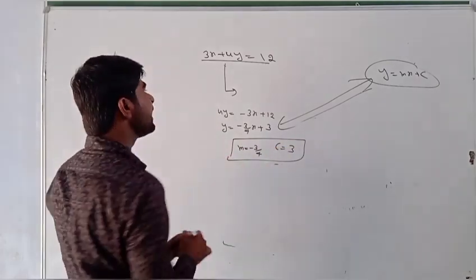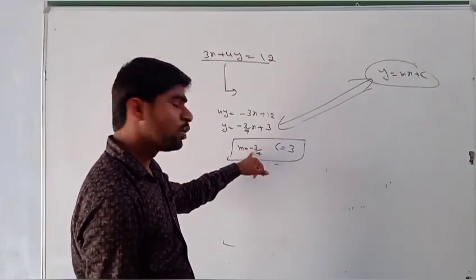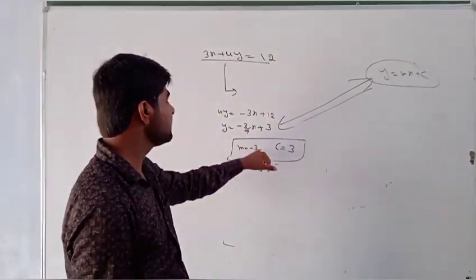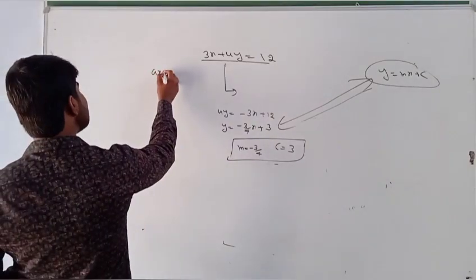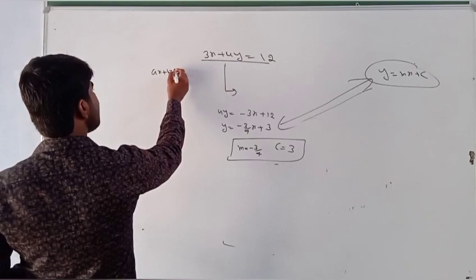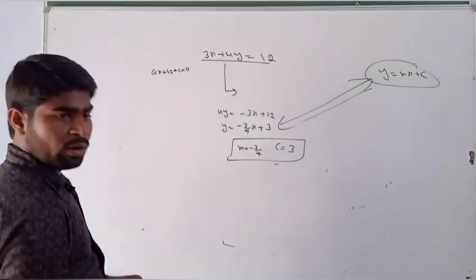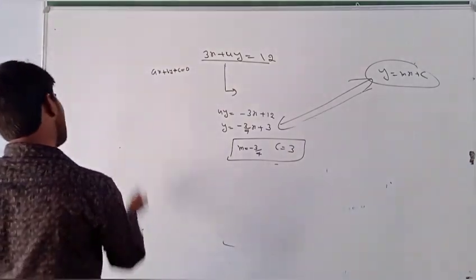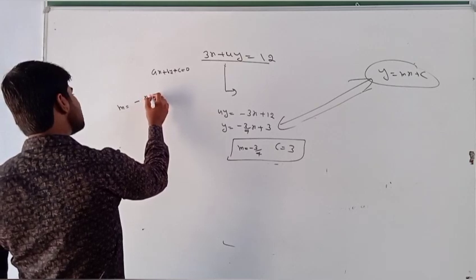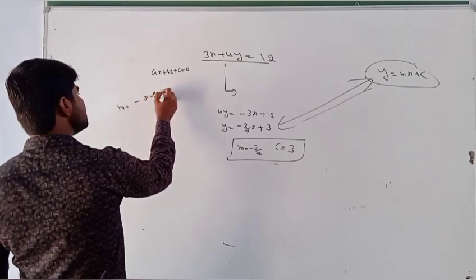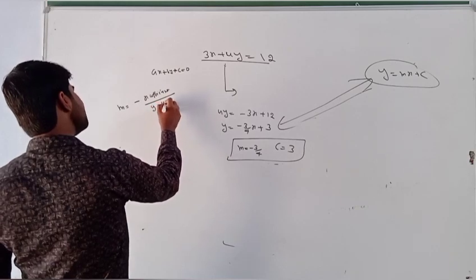So easily you can say that the slope of the line will be minus 3 by 4. But the trick is that if a line is ax plus by plus c equals 0 and you want to find out the slope of the line, m will be minus of x coefficient upon y coefficient.